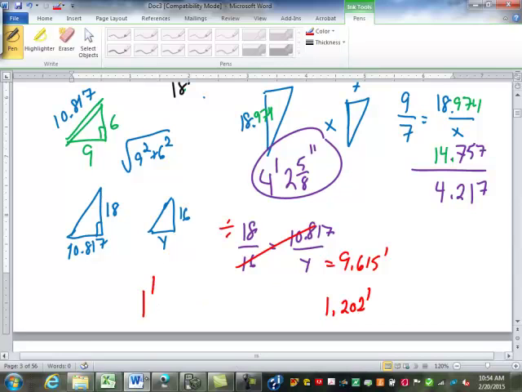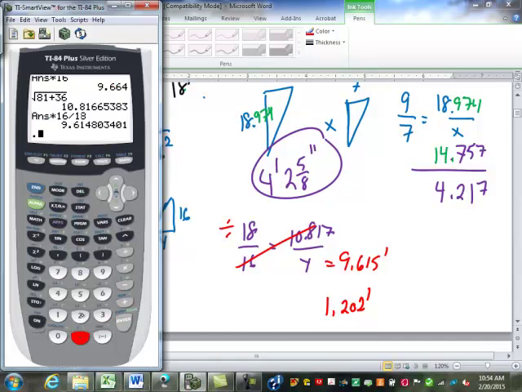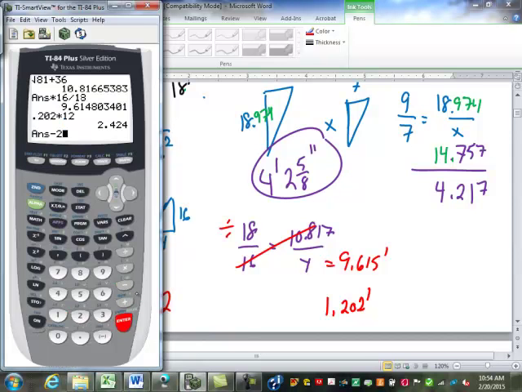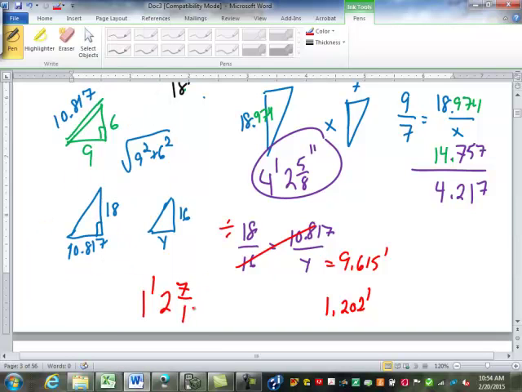So that is 1 foot. 2.424 inches. So 2 minus the 2 times 16 gives us 6.7 or 7/16. So 1, 2, and 7/16.